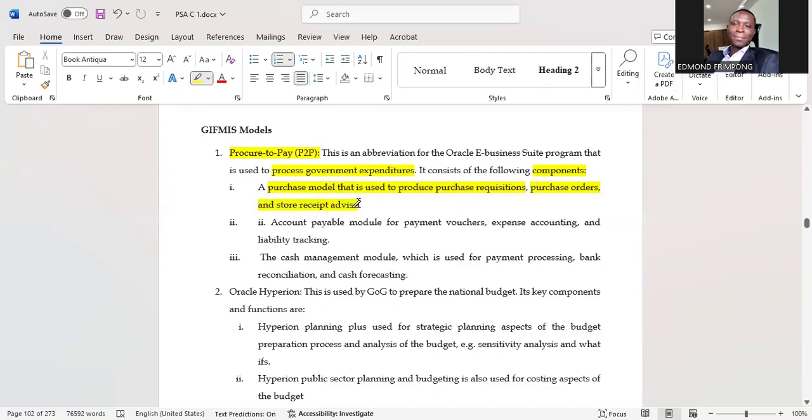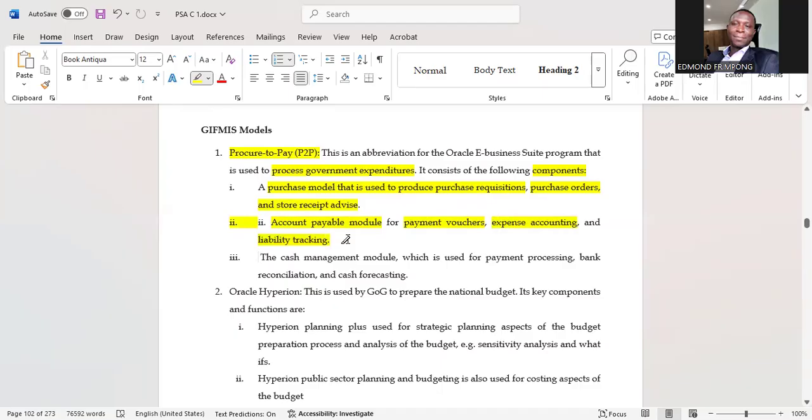Before you make payment in the first place, you need the preliminary documents, like purchase requisition and purchase orders, before you can buy or procure anything. Then another component is the account payable model, which is for payment batches, expense accounting, and liability tracking.